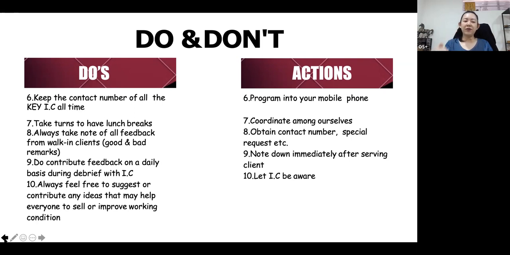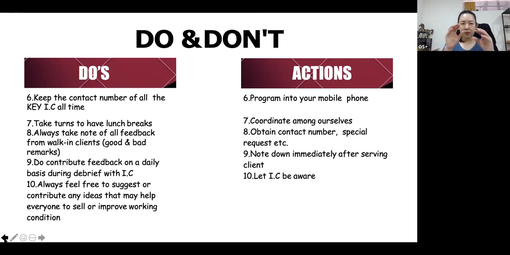Always take note of all feedback from walk-in clients, good or bad, doesn't matter. Then when it comes to the meeting or brainstorming, you can bring it up. This helps our team to improve ourselves. For every customer who comes in, don't forget to obtain the contact number and any special request.